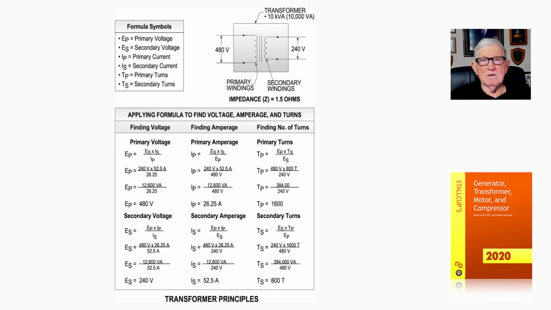And since it's 240 into 480, 2 to 1 as we mentioned, 2 times 800, see, would give you 1,600. And so basically it's a multiplier on the secondary side, that 2 to 1 ratio, and it's a divider on the 480 volt side.